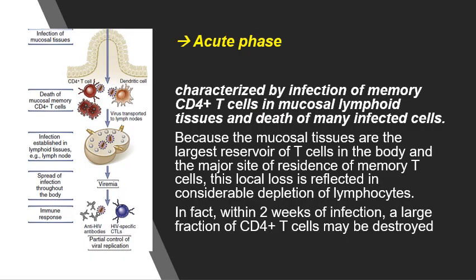Let us start with HIV entering the body through sexual intercourse, which is how it is typically spread from person to person. The disease begins with acute infection, which is only partly controlled by the host immune response, and advances to chronic progressive infection of peripheral lymphoid tissue.